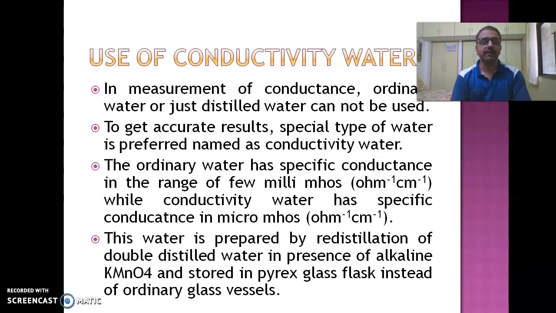The reason is that glass is essentially silica, and ordinary glass vessels containing sodium, potassium or magnesium silicates may leach out into the water over a period of time. Once such ions leach out into the water, its conductance value may increase. Therefore, to avoid this leaching of ions from the glass into the water, you have to store this conductivity water in a special type of glass called a Pyrex glass flask.